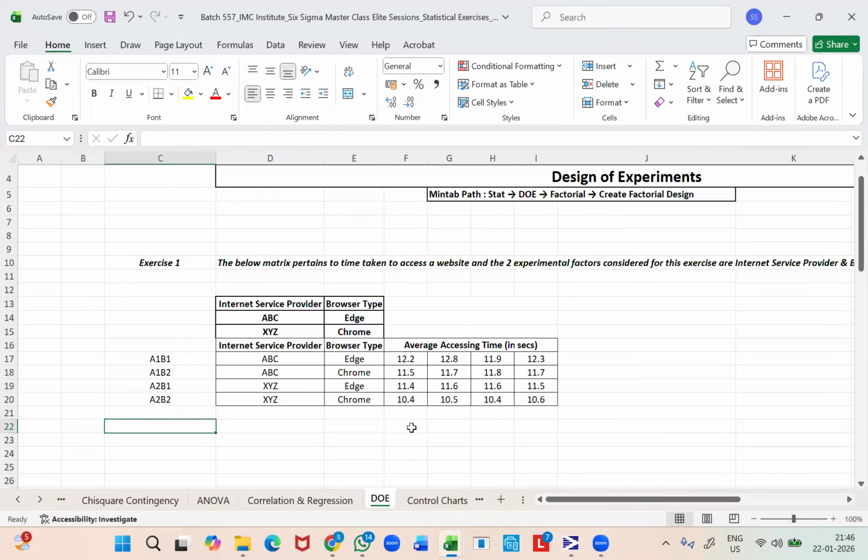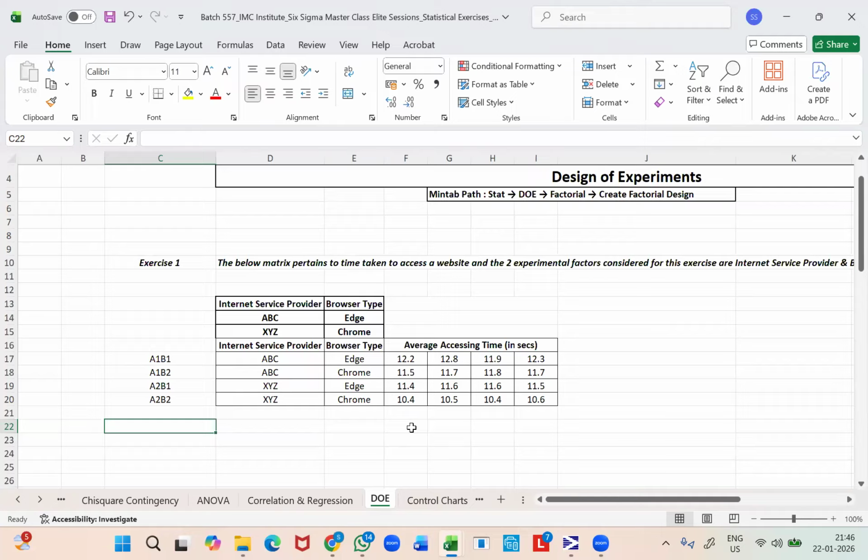So for that, we first need to determine how many factorial effects we can validate for this particular scenario. So when we have two experimental factors considered for the experiment, how many factorial effects can be validated? Here in this case, internet service provider as a main factorial effect, browser type as a main factorial effect, internet service provider into browser type as an interaction factorial effect.